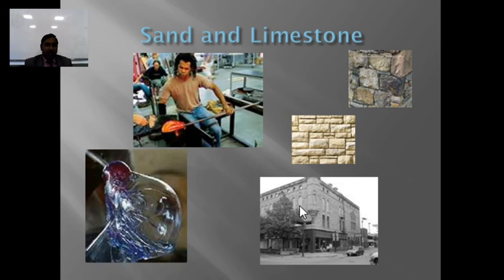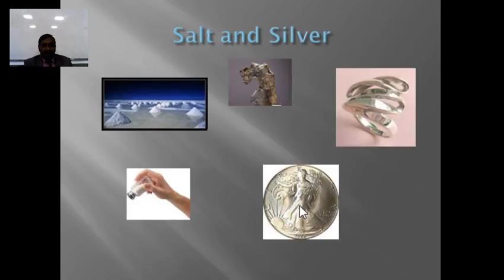Sand and limestone are used for construction, buildings, making glass. Salt and silver. You cannot enjoy your food, I would like to say, if salt is taken out from it. Can you enjoy the food?